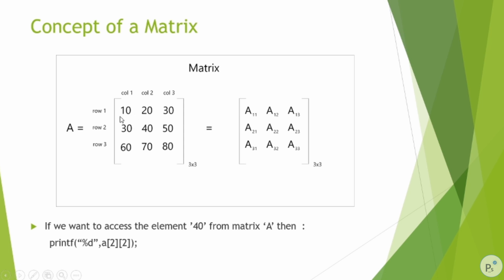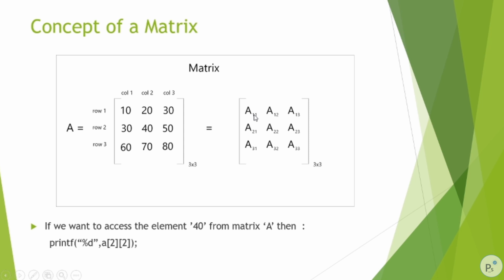If you want to access the value 10, we look at row 1 and column 1, which means a11. The 11 indicates the first row and first column. At that row and column we find the value 10 at a11.